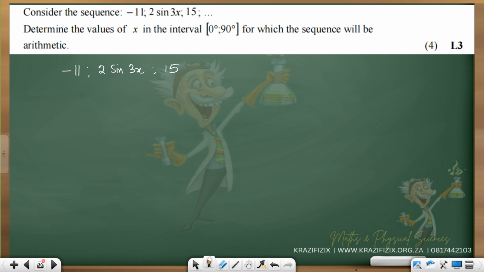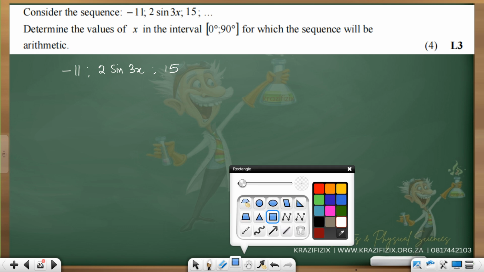Why are we having trigonometry again? Welcome to maths, guys. All along you've been doing maths lit. Welcome to maths. Now, the question says determine the value of x in the interval between 0 and 90 degrees for which the sequence will be arithmetic.